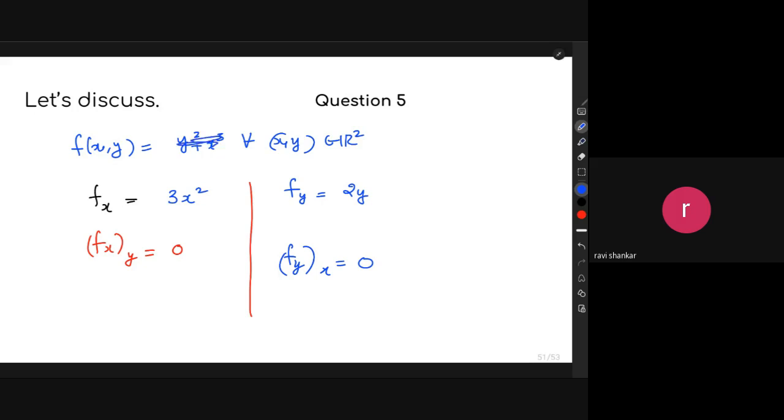Okay, let's consider this mixed derivative. So if I differentiate this, I will get y square, and if I differentiate with respect to y, I get 2y as a result. Now if I differentiate with respect to y, I get, oh, I'm doing something horribly wrong.